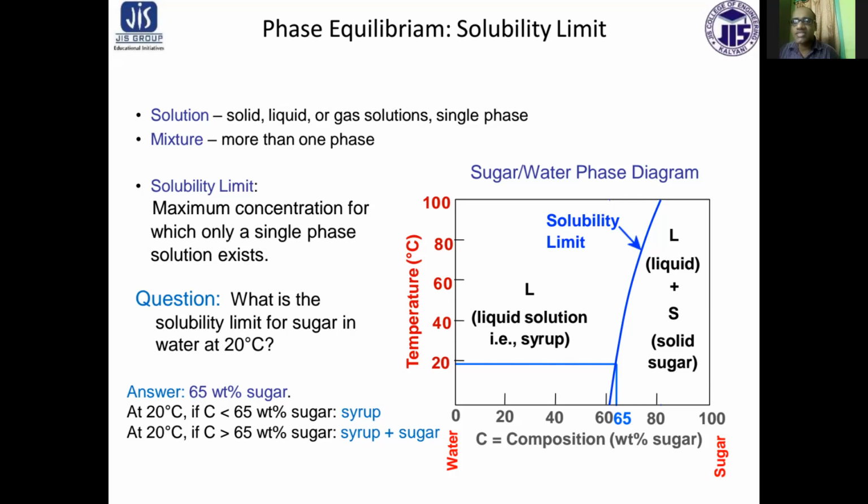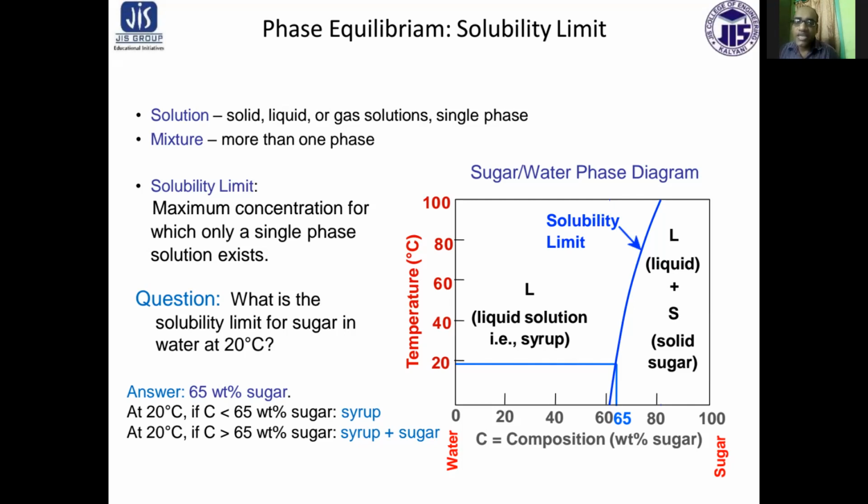Now the question arises: what is the solubility limit of sugar in water at 20 degrees centigrade? From this figure, it is clearly shown that at 20 degrees centigrade, the solubility limit is 65% weight of sugar. So at 20 degrees centigrade, if the composition of sugar is less than 65% weight of sugar, that will be the syrup, that is the solution of water and sugar.